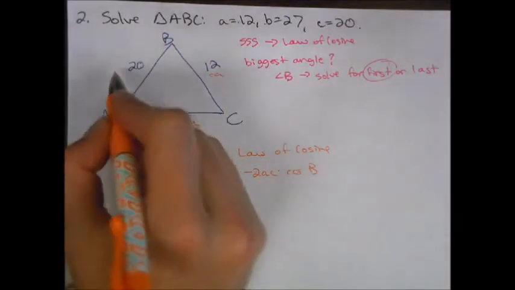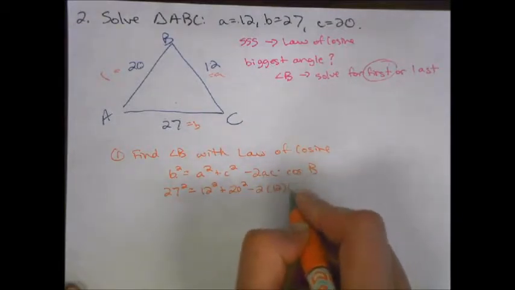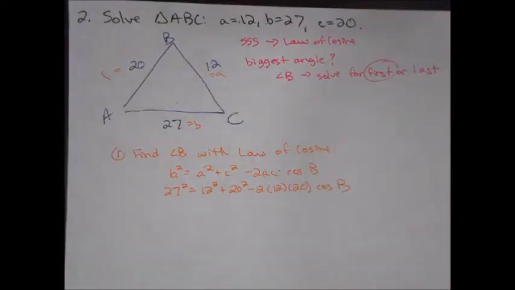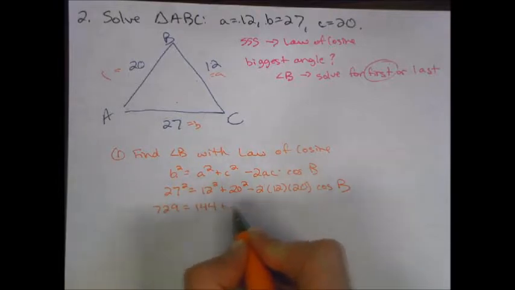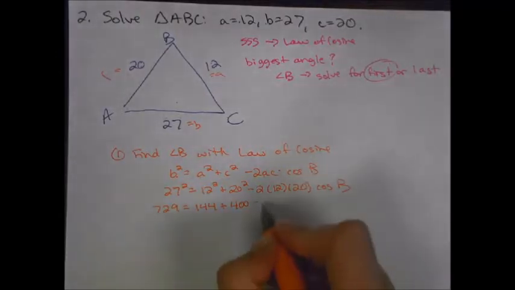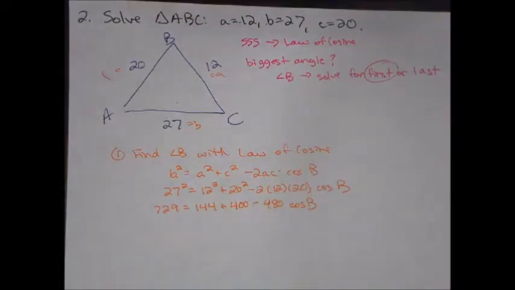Little c is 20. a is 12, c is 20, cosine B. We get 729 equals 144 plus 400 minus 480 cosine B. I want us to note this 480 and cosine B are glued together by multiplication.